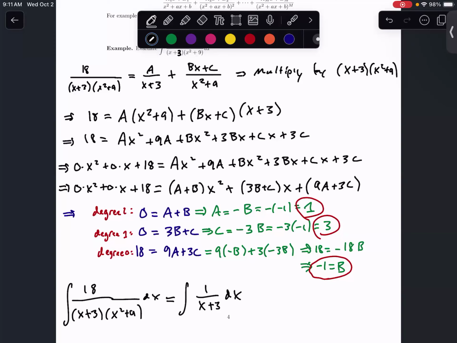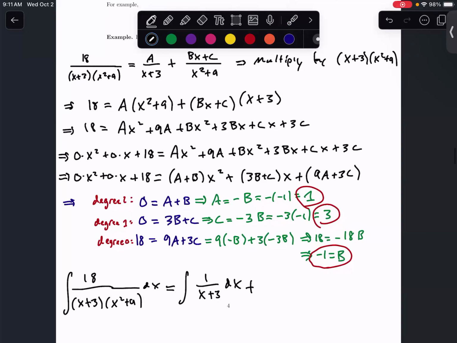And then we found that b was equal to -1, and c was equal to 3. So this is really going to be plus the integral of (-x plus 3) over x squared plus 9.